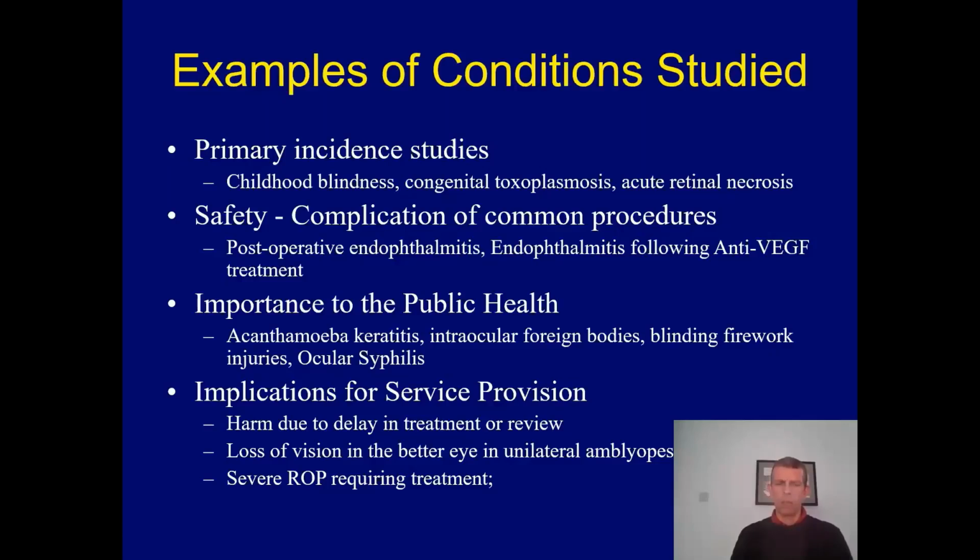There was the loss of vision in better eye in unilateral amblyopes, which is one of our earliest studies, and this had an importance on the role of preschool screening. And then there have been 2 studies on ROP treatment, which have helped with guideline development.